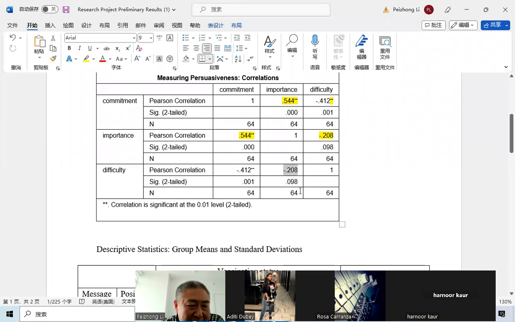Why? Well, maybe one possibility is that the difficulty is not measuring persuasiveness. So the question about how easy or not easy it is for you to get vaccinated, maybe this item is not a good measure of how persuasive people find the message.